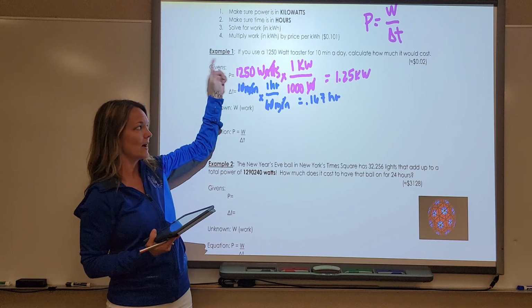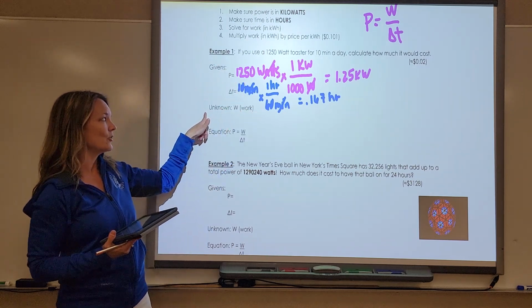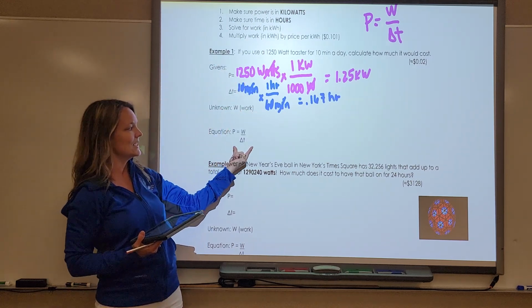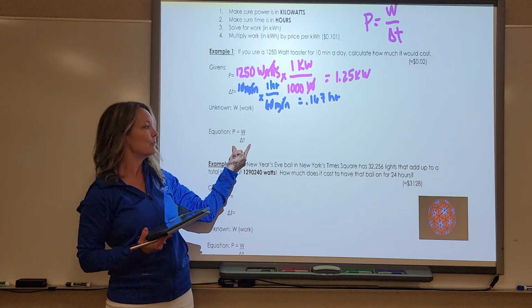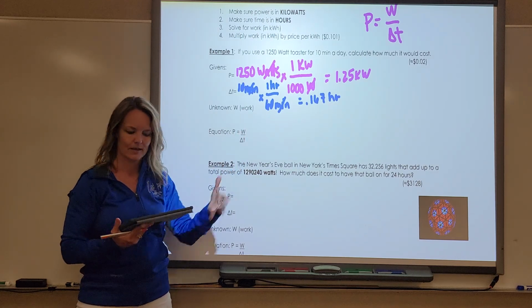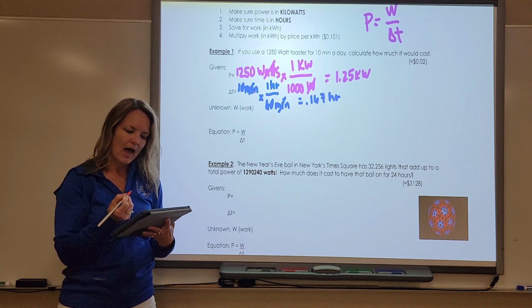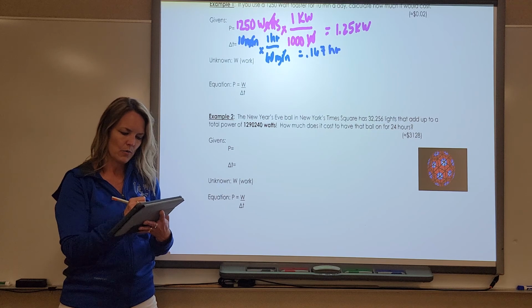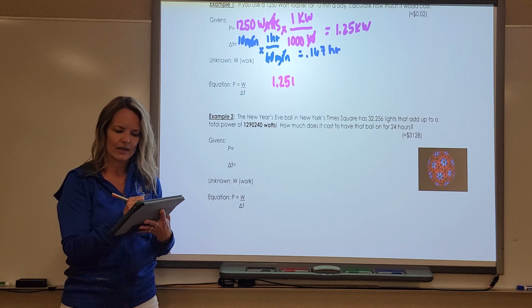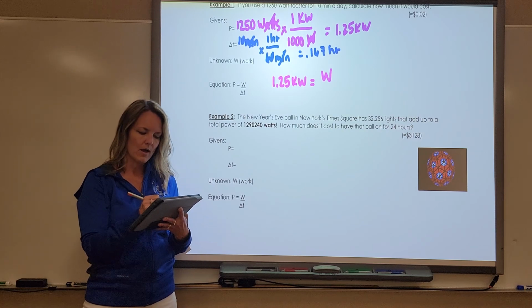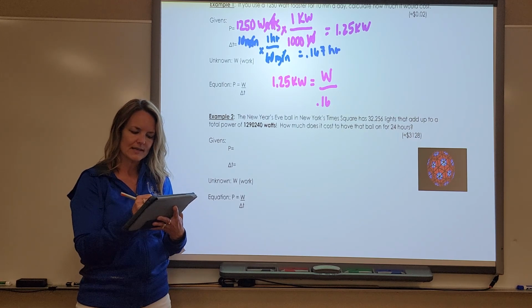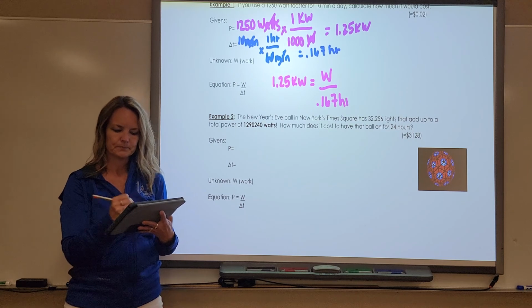I am in a kilowatt, I am in an hour. My unknown is work. I am going to use the power equals work over time equation to solve for work in a kilowatt hour. Okay, so switch into a different color. My power, 1.25 kilowatts, equals the work, that's what I'm solving for, over 0.167 hours.